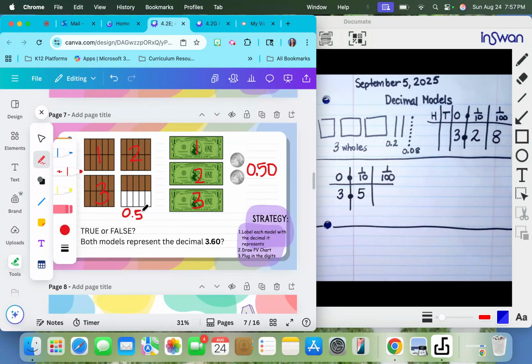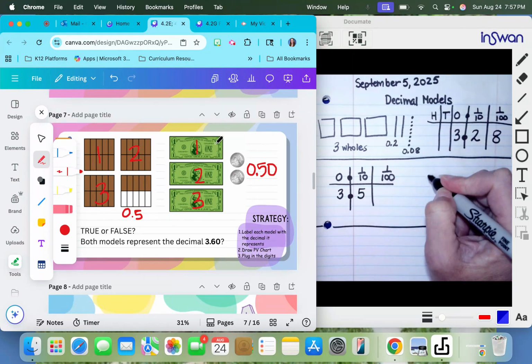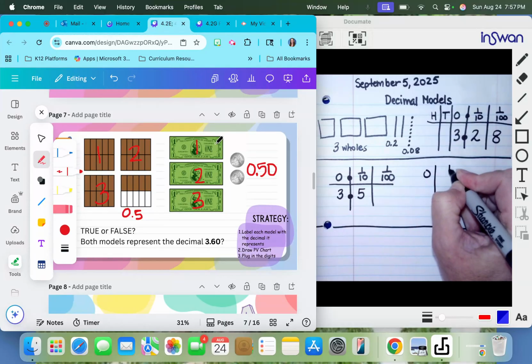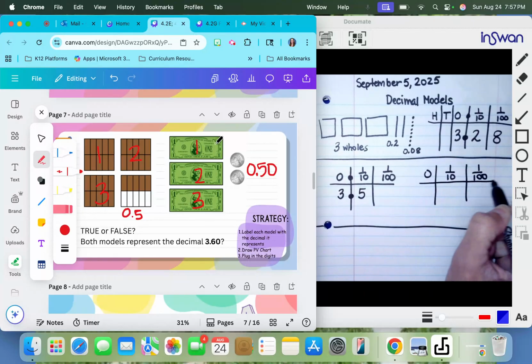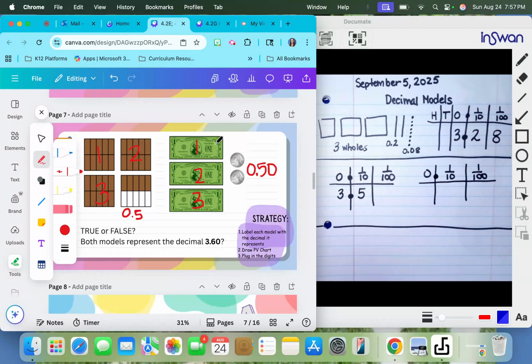Then taking a look at our next model, I'm going to draw another quick place value chart. Decimal point. How many wholes were represented by the dollar bills? 3.